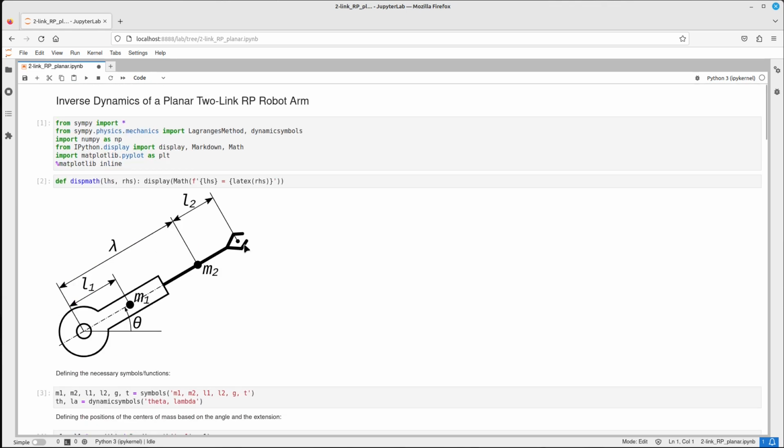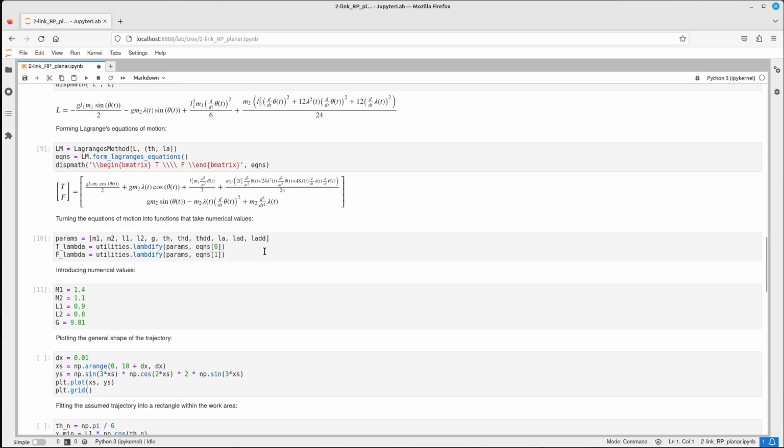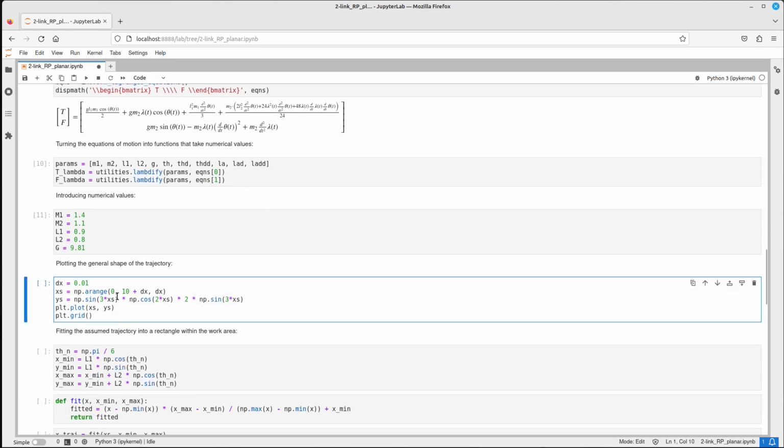So let's imagine that the tip of the second link moves along some specified path. So maybe something like this. But basically it starts somewhere, it performs some kind of movement, and it stops at another point. Okay, so this is what we have here.